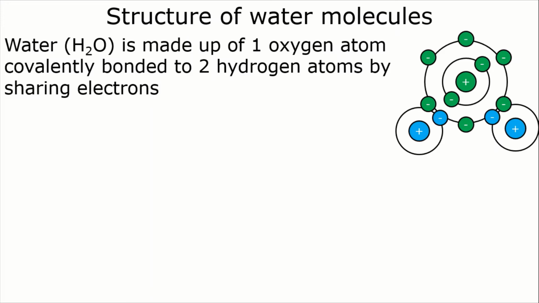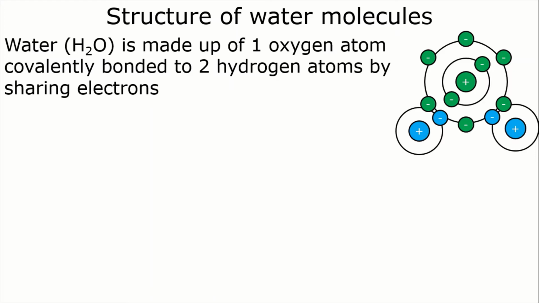Now, electrons exist in shells, and when atoms bond, they ideally want to have a full outer shell. Now, if we look in oxygen, we can see it's got these two rings surrounding it with electrons floating around the outside. So in our first shell, it can only hold two electrons. Now, hydrogen only has one shell and it only has one electron. So it will bond with another atom to share another electron, so that it's got this full outer shell of two electrons.